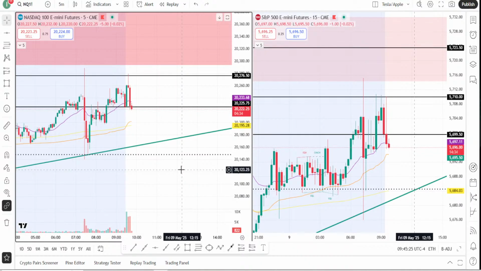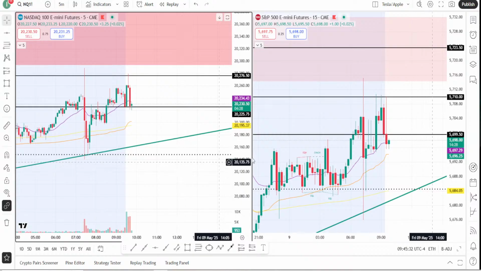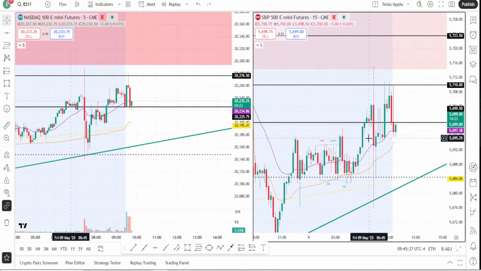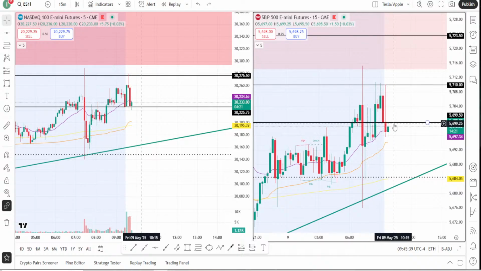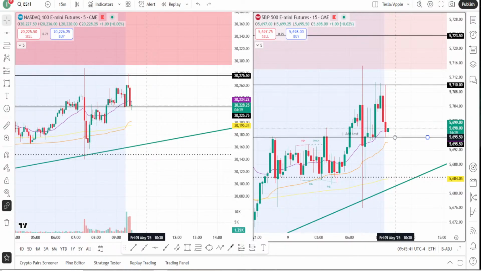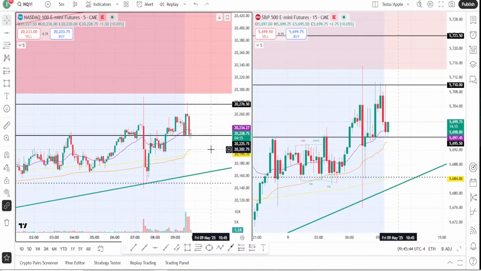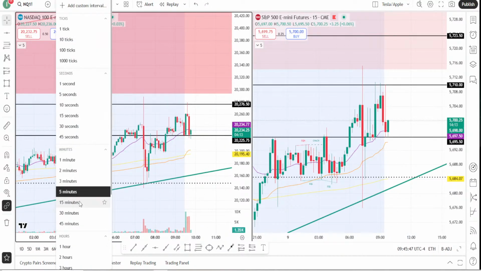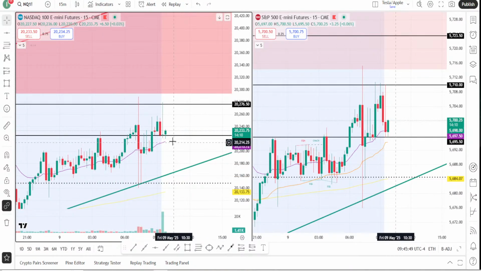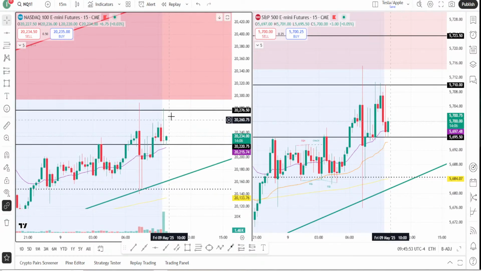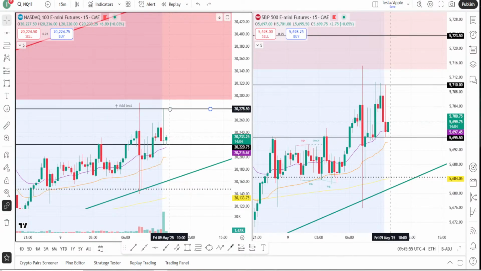Looks like we're about to break the low of the opening range. That's the opening range right there.